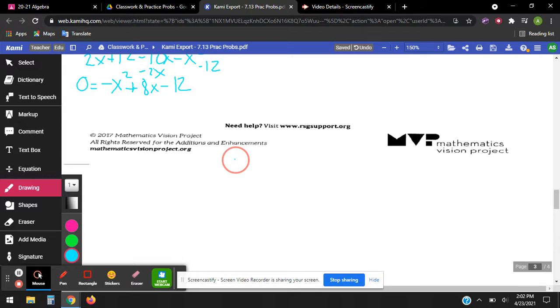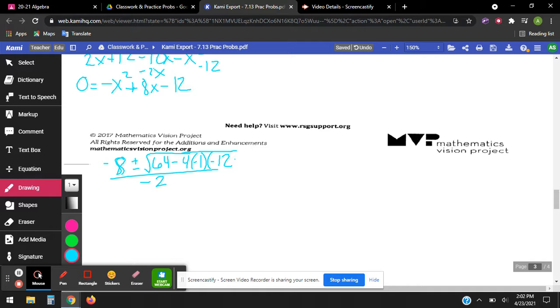So negative b, negative 8, plus or minus the square root of 64, my 8 squared, minus 4 times negative 1 times negative 12, over negative 2, because 2 times a is negative.